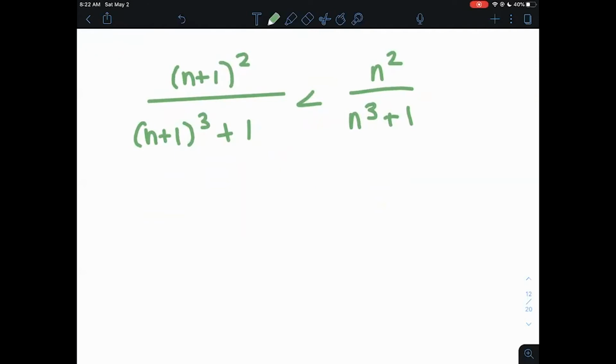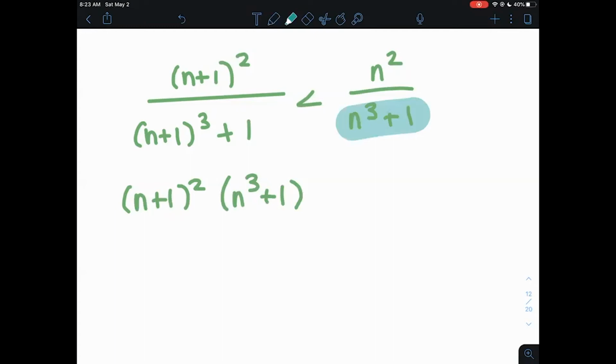And this is incredibly algebra-based. If you like to multiply polynomials and can work through that really quickly, this is not a bad method. If that sounds like the worst thing you can possibly imagine, this is not going to be your preferred method. But I'm going to walk through this one just to show you what this looks like.